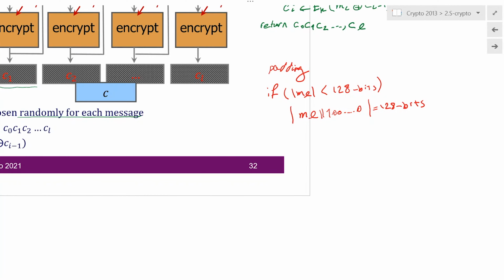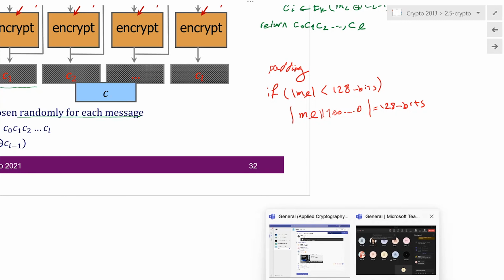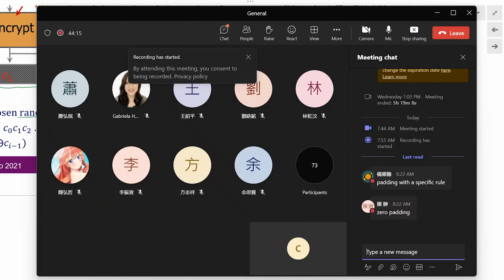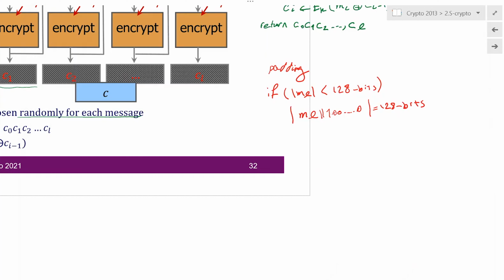It doesn't have to be random actually, but it has enough information so that we don't confuse the recipient. Whenever the recipient sees this piece, he knows that he has to get rid of all the zeros until he gets to this one, and then he's going to be fine. So do you see any other problem over here? Do you think it is fine?